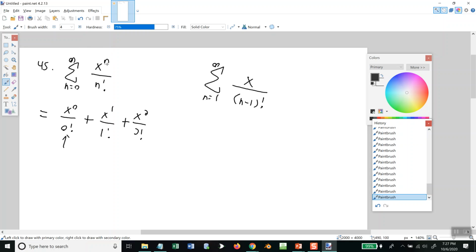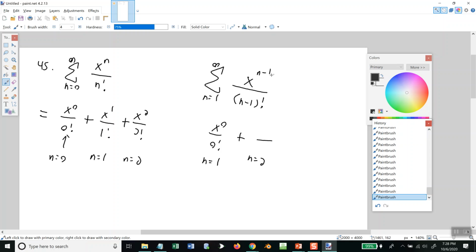Now the top part, the x to the n, I could replace this with n minus 1. Because if I put 1 in for the n, 1 minus 1 is 0. So this was n equals 0, this is n equals 1, this is n equals 2. If I plug in n equals 1, I get 1 minus 1 is 0, so I got x to the 0, and 0 factorial.